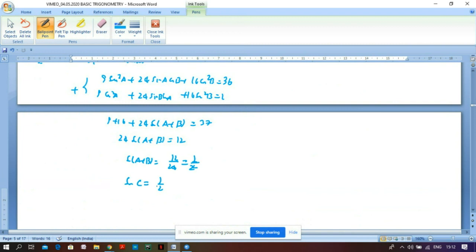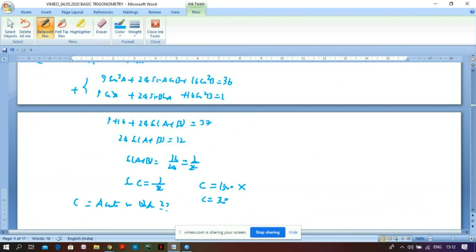Now, the true point of the question is that it is not given whether C is acute or obtuse. This is not given. So it seems that we can have two answers. C is 150 degrees or C is 30 degrees, because of angles of a triangle, you will find out soon that this 150 degree is not true.